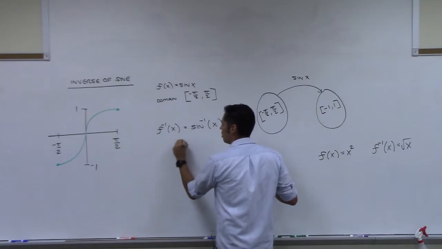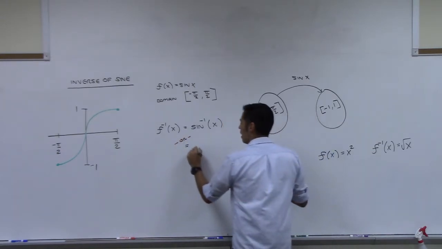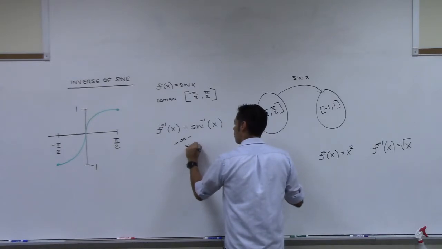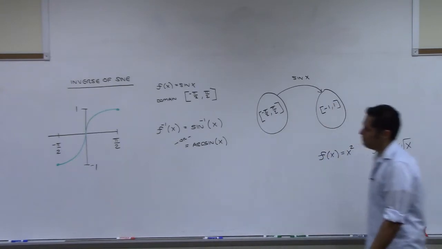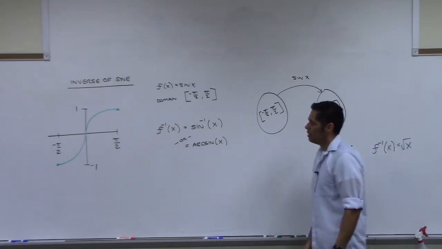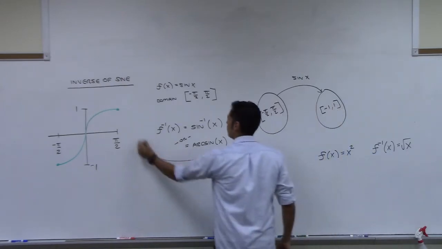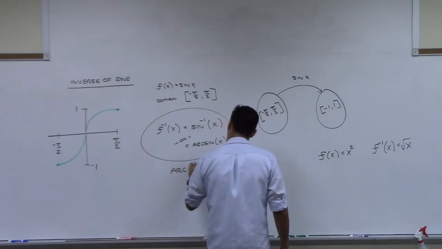The other notation, and I very seldom use this other notation, is to write arcsine x. And this function right here is known as the arcsine function.